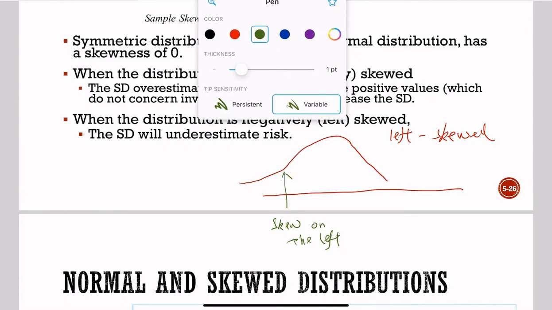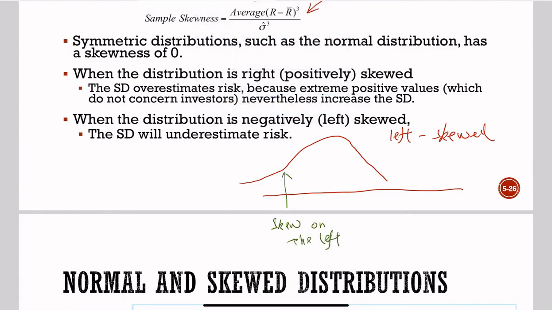If you do the calculation, you will find that if a distribution is left skewed, then its skewness is smaller than 0. So we also say it is negatively skewed. Basically, if a distribution is left skewed, then its skewness should be negative.